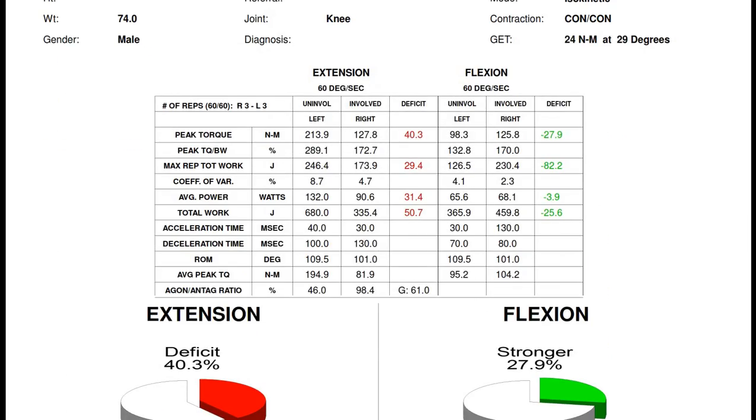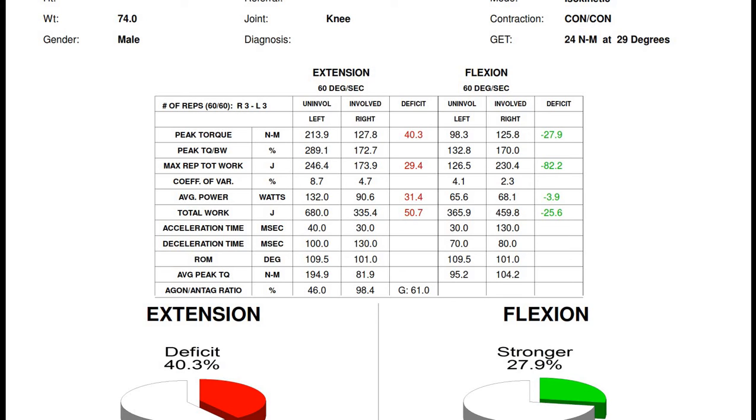And in our case here, the antagonist muscle, the hamstrings, have perhaps played a role in trying to maintain that joint integrity. I'm stretching for an answer a bit here, but that's possibly the reason why the antagonist has become stronger.